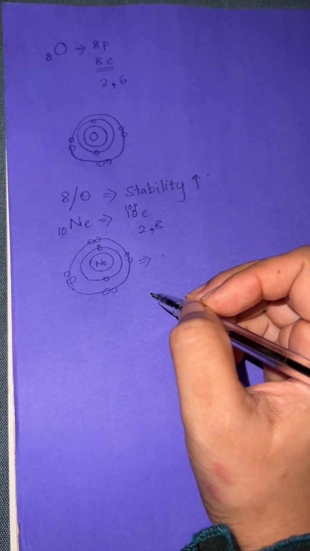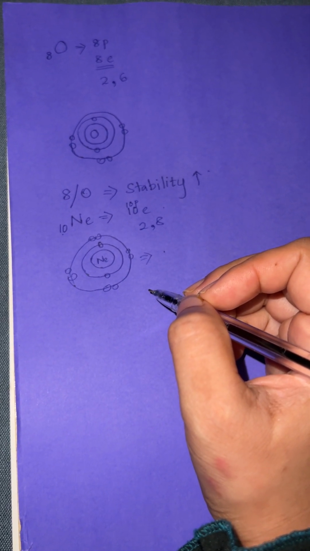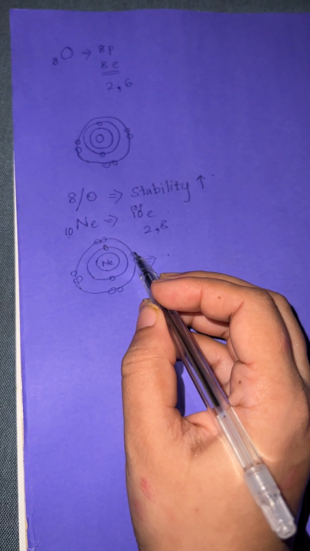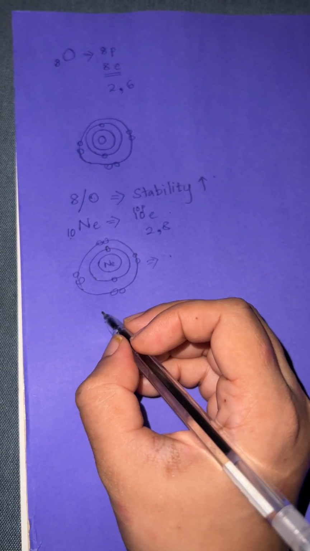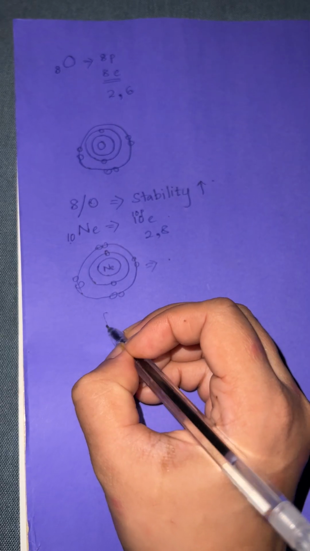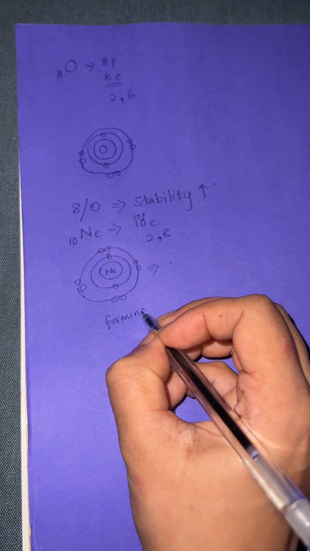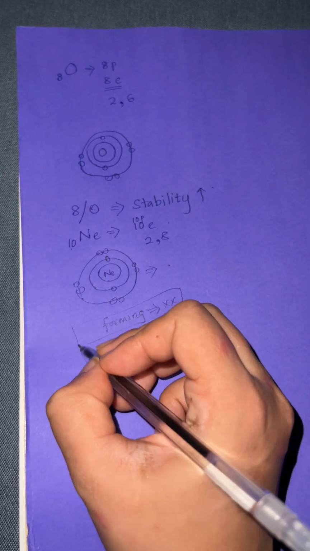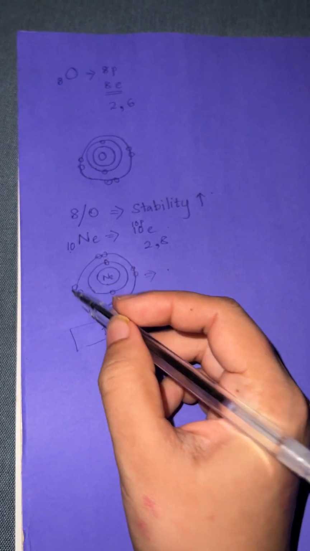Likewise, you can see argon. These electrons do not participate in forming bonds, because they are already very stable and complete the orbits.